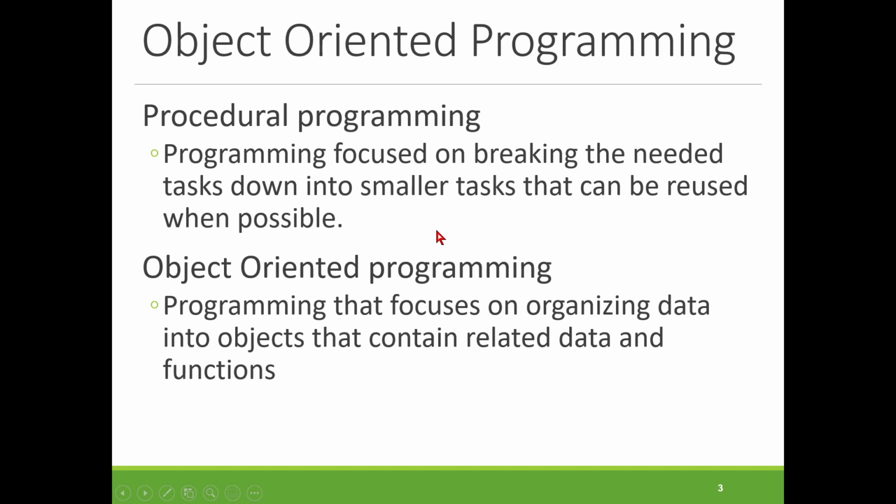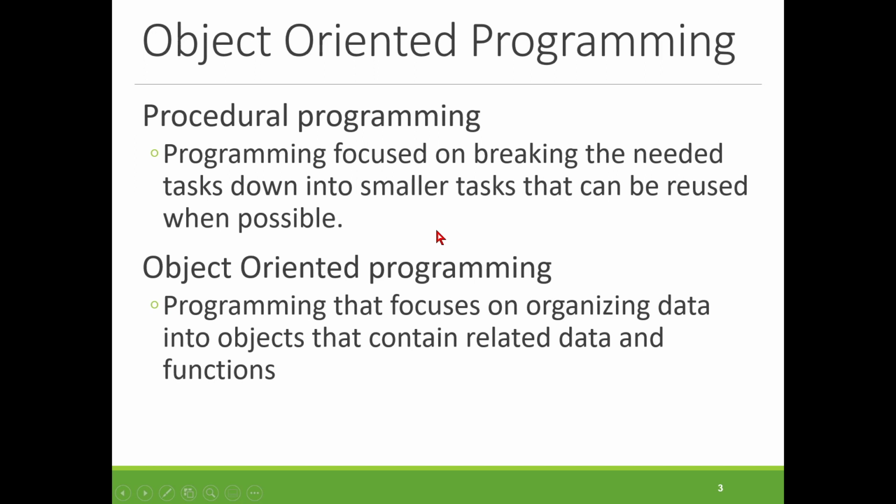Object-oriented programming is programming that focuses on organizing data into objects that contain related data and functions. So if we have a program working with students, we might have student objects that would store name, ID, grades, courses, things like that. And then we might have another type of object, for instructor, for course, for all these different types of things.